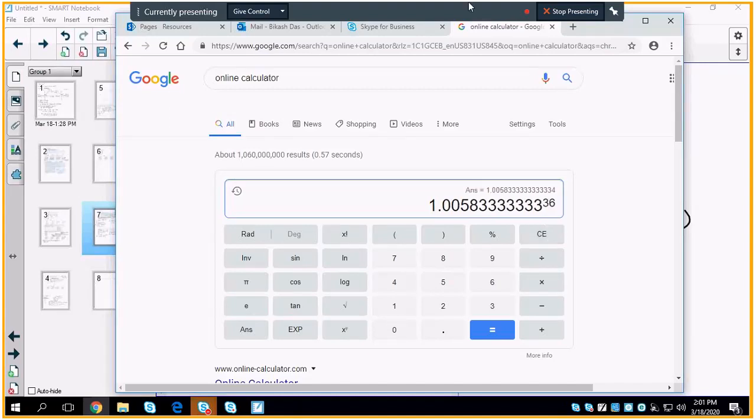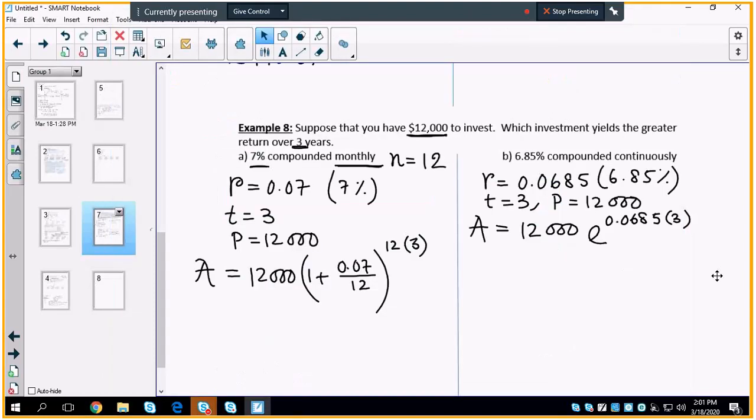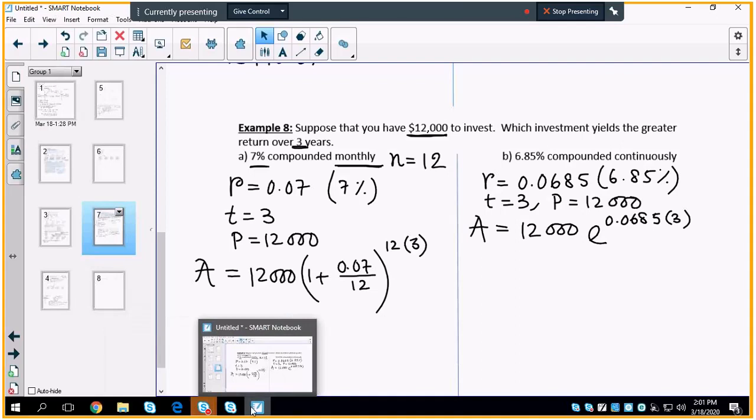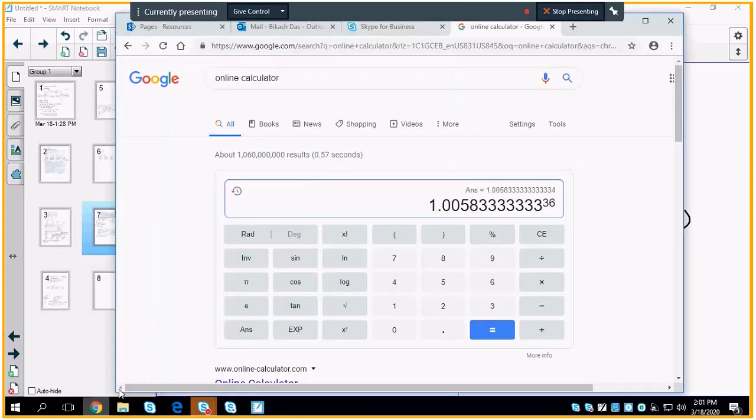How come raise it to the power 36? Remember, 12 times 3 is going to give you 36. So I will hit equal and then multiply by the principal invested, which is 12,000. Round it to 2 decimal places. Third decimal place being 7, I add 1 to the previous decimal place. I get $14,795.11.